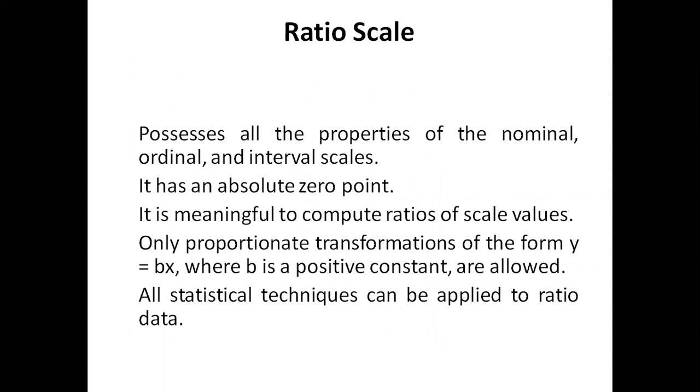Then comes ratio scales. It possesses all the properties of the nominal, ordinal and interval scales. It has numbers for identification. It has the ranks. It has the how-much answer, and it also has an absolute 0 point.